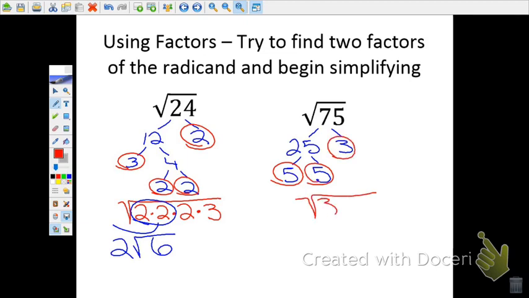I have a 3 and 2 factors of 5. If I have a pair, it comes out as 1, and then I have that square root of 3 that's left inside. So that's using factors, doing that factor tree, looking for pairs.